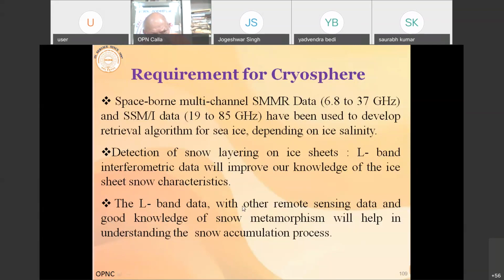L-band data, with other remote sensing data and good knowledge of snow metamorphism, will help in understanding the snow accumulation process. So L-band data is very useful for us because of snow, ice, and this interferometry, which is now a new technology available to us.